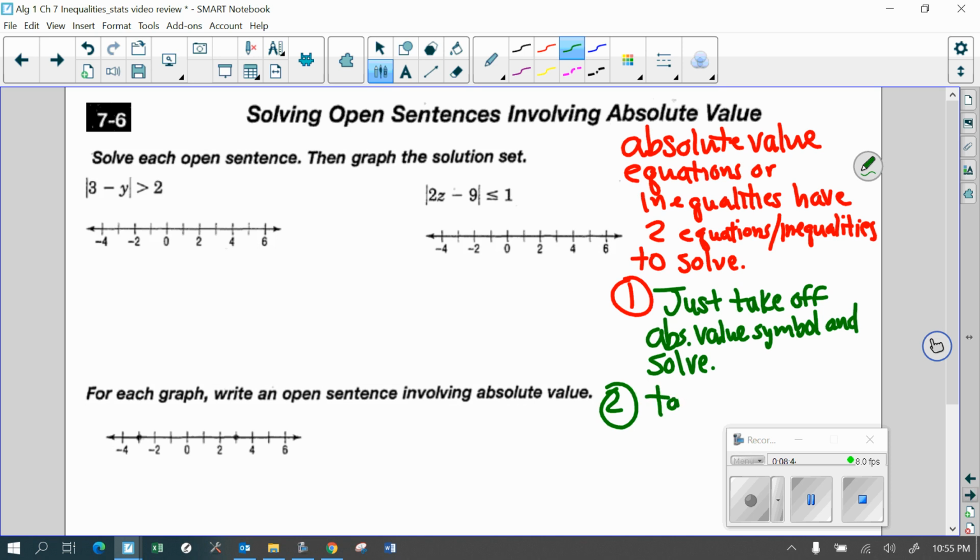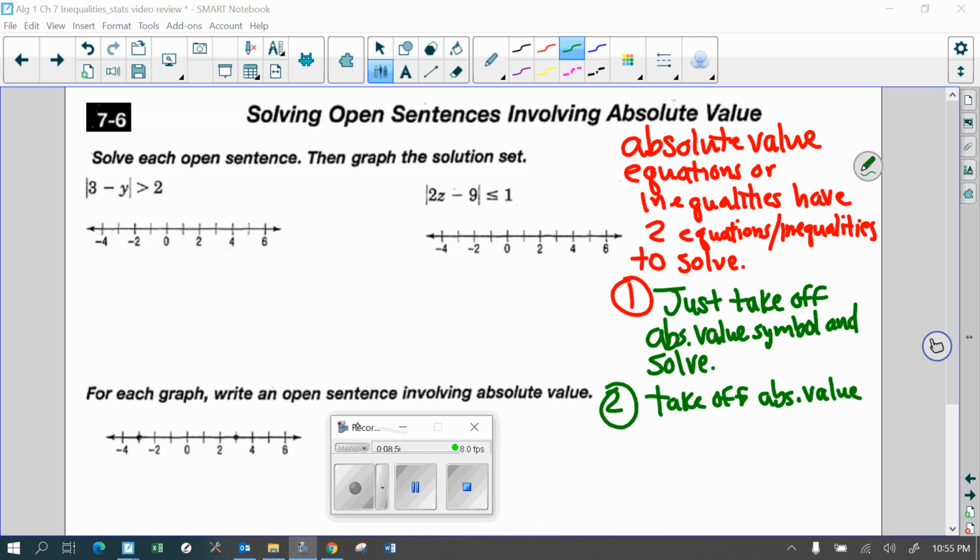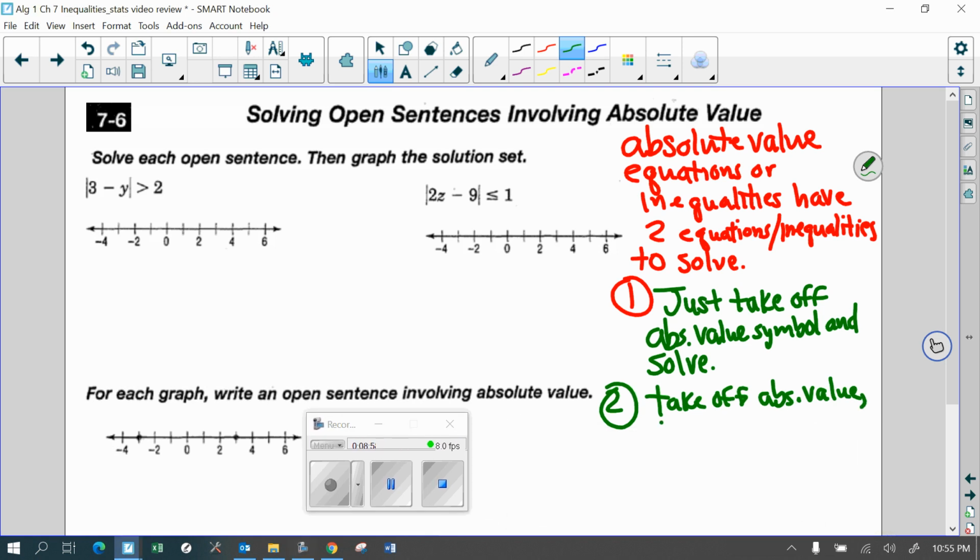Second one, take off the absolute value. Switch the inequality sign. Obviously, you can't switch an equal sign, so this is just dealing with inequalities.